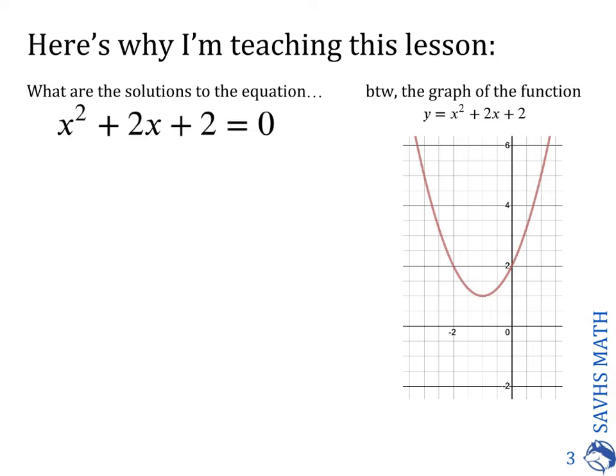Okay, so the reason I'm teaching this lesson is because we look at this equation on this side right here, and we feel like we should be able to get answers for it. But remember, if we're looking at these equations and it says equals 0, what we're really doing is trying to figure out where the graph of the parabola crosses the x-axis, and the x-axis is right here.